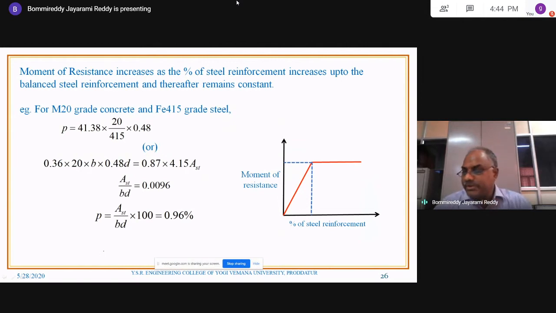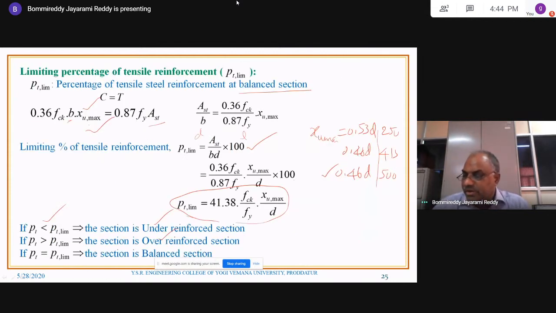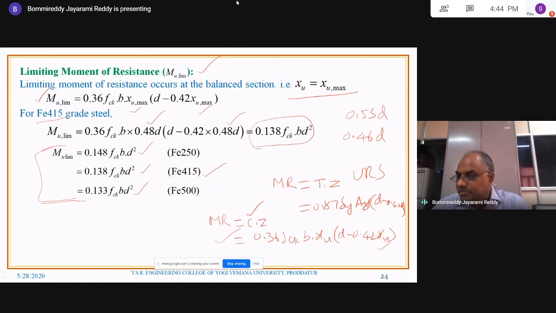Now coming to this, moment of resistance increases as the percentage of steel reinforcement increases up to the balanced section and thereafter. Based on this previous discussion, and also xu limited in the formula, you can look at Mu limited. This is for the balanced section. For the balanced section, xu is substituted as 0.48d.